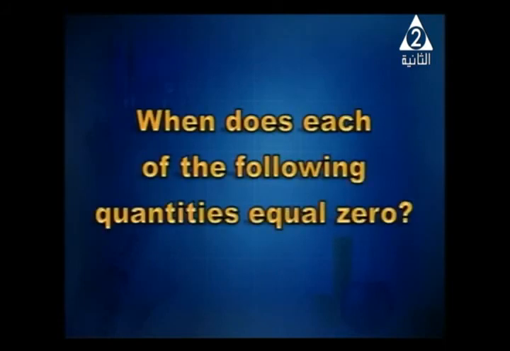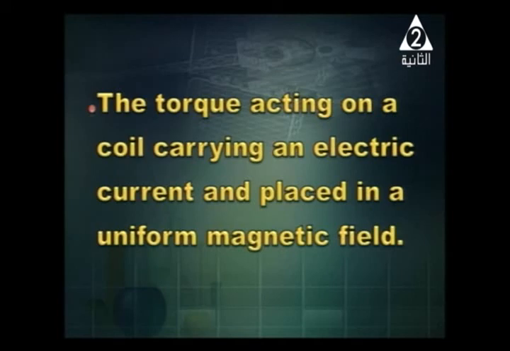Okay, another type of questions: when does each of the following quantities equal 0? The torque acting on a coil carrying an electric current and placed in a uniform magnetic field.